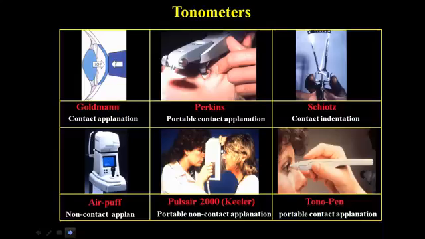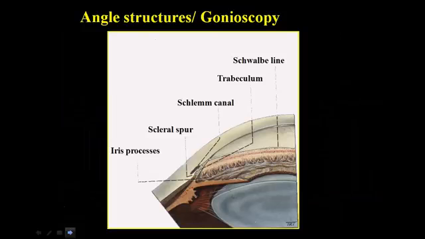Now we'll talk about the next technique, that is assessment of the anterior chamber angle, termed gonioscopy. For this technique we should understand the anatomy of the anterior chamber angle. Now there are four important components that we need to identify while performing gonioscopy, and these are, from anterior to posterior, the Schwalbe's line, which is the peripheral termination of the Descemet's membrane.